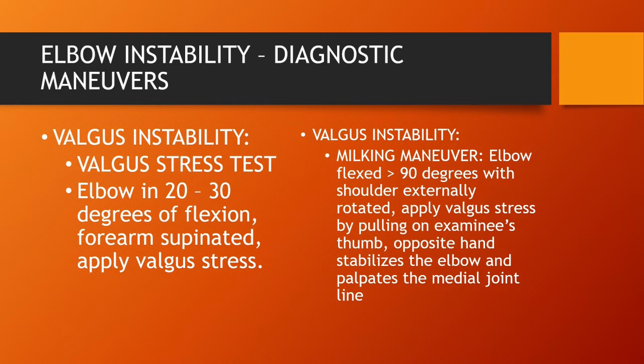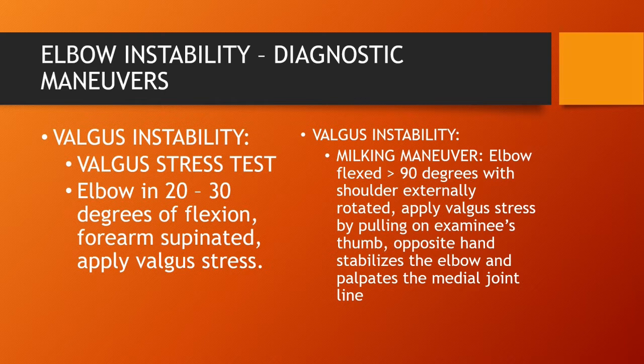The milking maneuver is simply another way to impart a valgus stress on the elbow, and it does so in greater than the 20 to 30 degrees of elbow flexion used in the valgus stress test. With the milking maneuver, you flex the elbow to greater than 90 degrees, almost as high as the elbow will flex on its own, actively, through contraction of the biceps muscle.